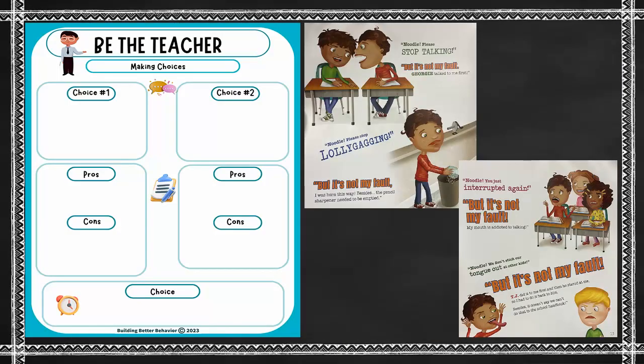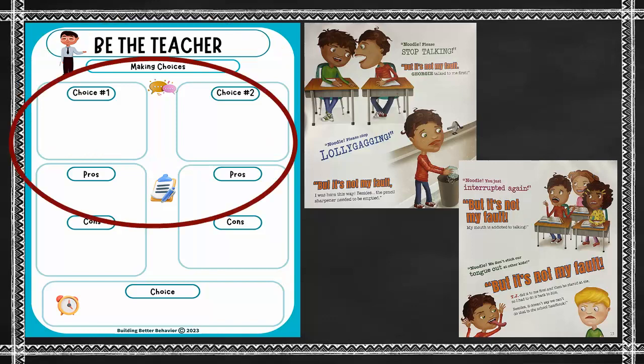Noodle continues to disrupt class and not take responsibility for his actions. If you are the teacher, what 2 choices would you give to Noodle? Pause the video as teachers write the 2 options. Now pass the paper. Student number 1, pretend you are Noodle. Pause the video to write down the pros for each choice.